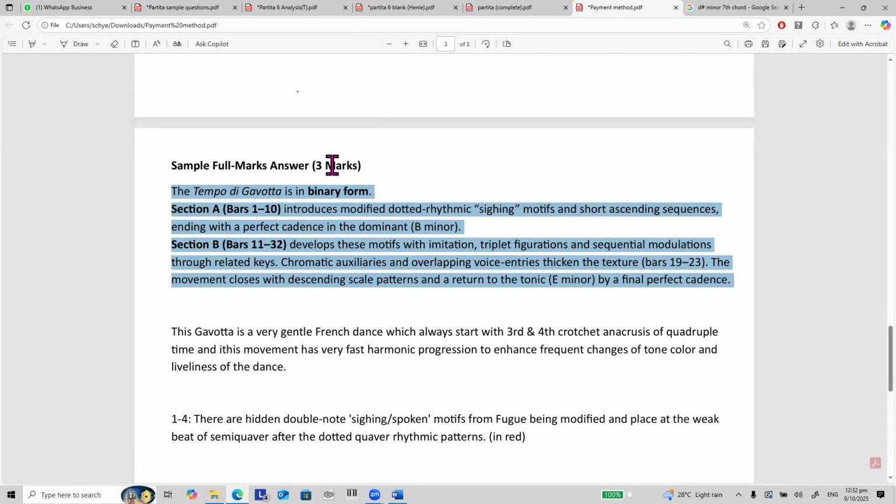So if you look at bar 11 to 32, let's find out where the modulations, sequence, and overlapping of voices are.